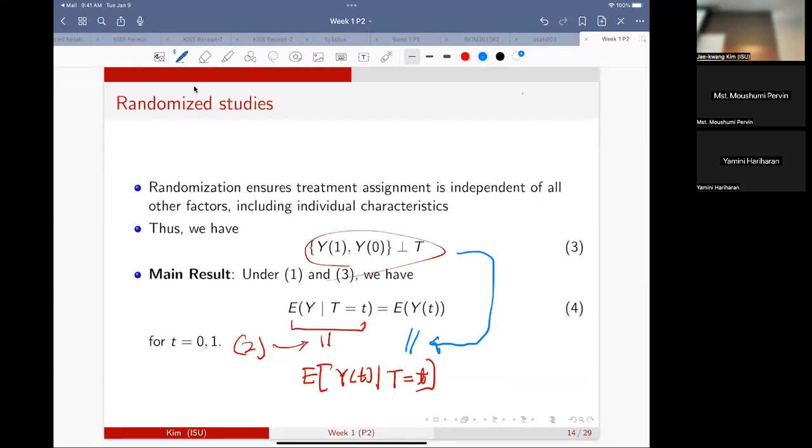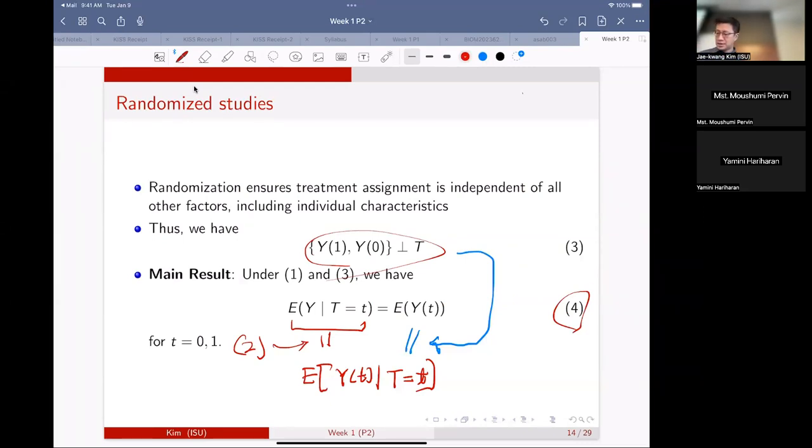So we should use this condition, which makes sense because the definition of independence is that the conditional expectation is equal to the unconditional expectation, right? So you get equality. That is our first formal result for identification.